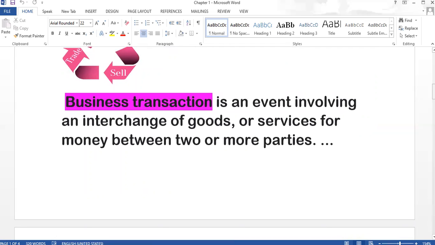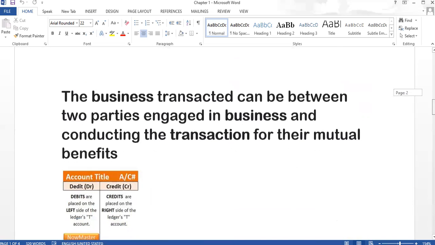A business transaction is an event involving an interchange of goods or services for money between two or more parties. Here we should understand there should be two parties or more than two parties. So one is buying and one is selling the goods or services. The business transacted can be between two parties engaged in the business and conducting the transactions for their mutual benefit.